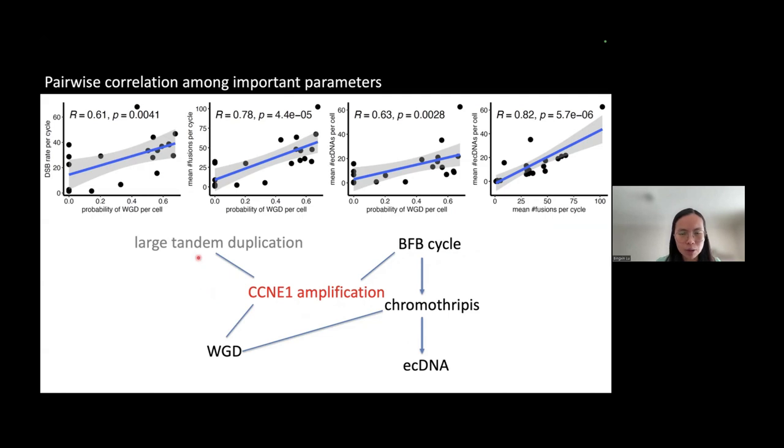So our modeling helped to find some new correlations between these events. In addition, given that CCNE1 amplification is also important in the formation of large tandem duplication, it seems a very important target in the clinic.